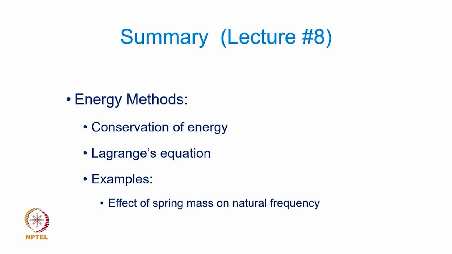With that, we can get the governing equation of motion. Alternatively, Lagrange's equation is a more classical way of getting the governing equation of motion, and hence for a simple case an expression for the natural frequency. We discussed a couple of examples and saw that if we include the mass of the spring in getting the expression for the total energy, the spring mass can contribute to the natural frequency.